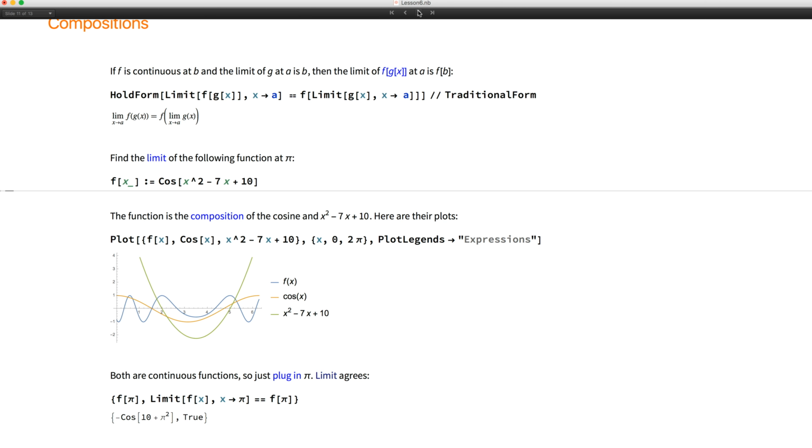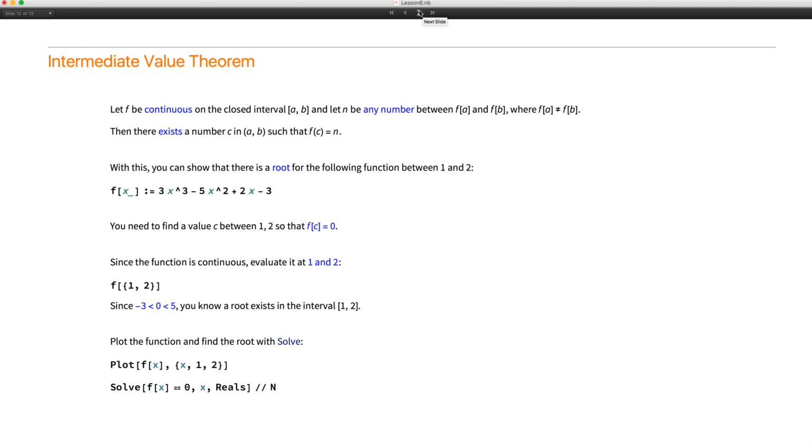Okay, so we are almost done with today's lesson, but one last important theme is that you can actually apply the idea of continuity in practice to find roots. So the theorem that helps to do this is called the intermediate value theorem. That means the theorem for values between two values. So what it says is that if you have a continuous function f on an interval a to b, and you have any number n between f of a and f of b, then you will have a value somewhere in the middle such that f of c is equal to n.